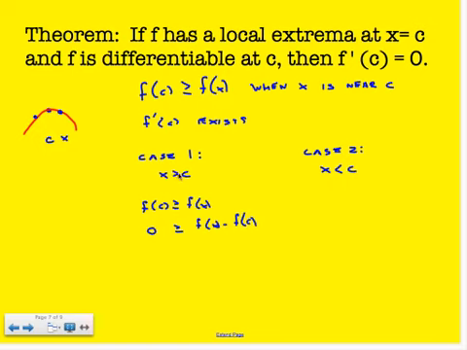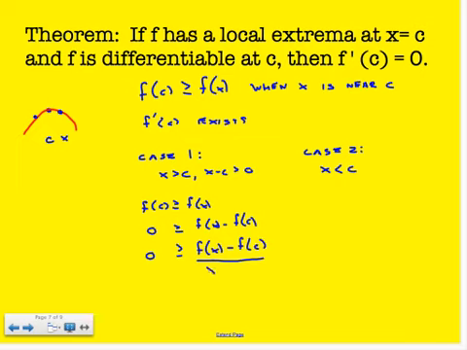Now, if x is bigger than c, then x minus c has to be more than 0, which means I can divide both sides of this inequality by x minus c, and that's okay because I'm dividing by a positive number. So I'll have 0, because I'm still dividing 0 by a positive number, still 0. And over here I'll have f of x minus f of c over x minus c.